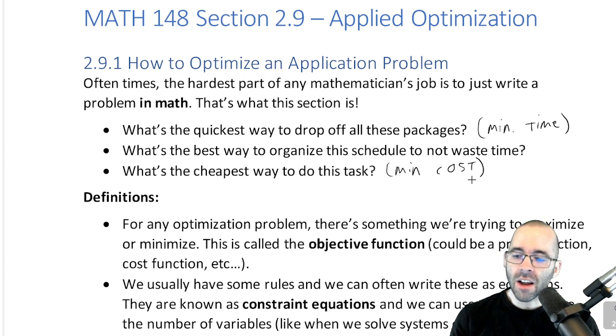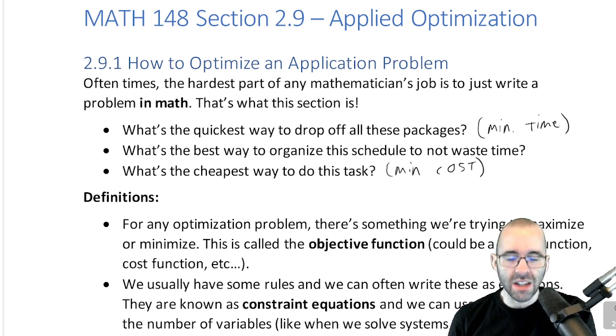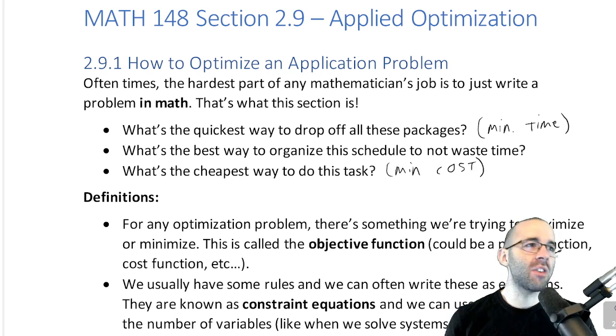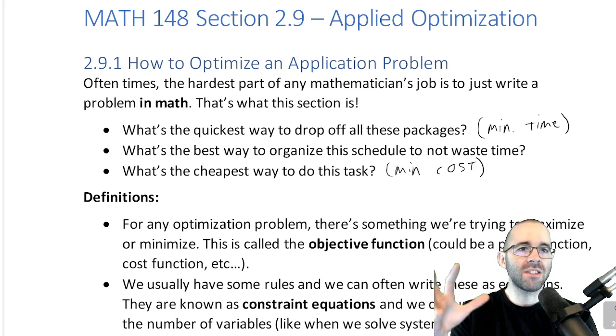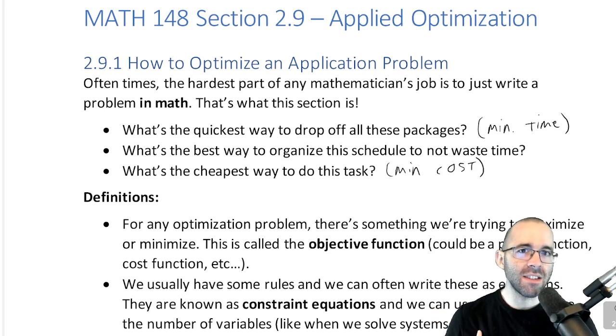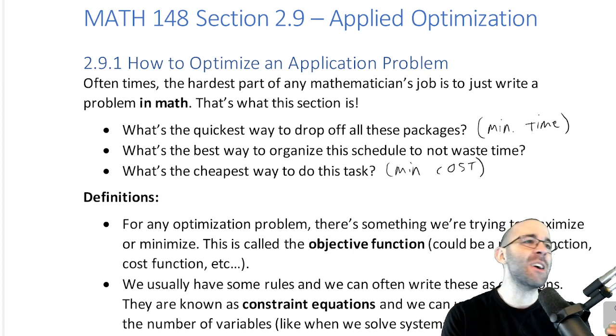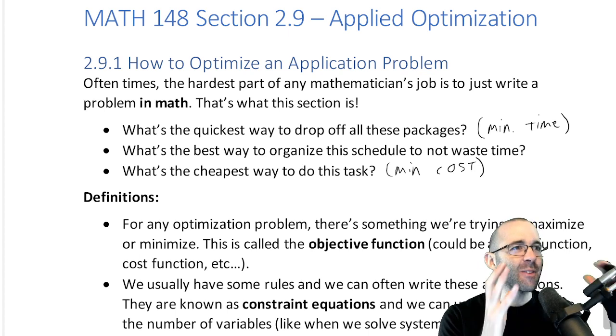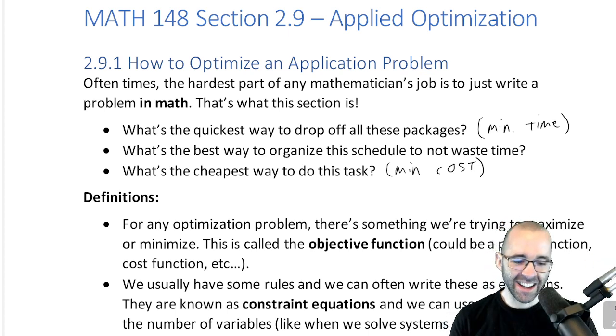This class is just simple functions, but eventually, if you want to really answer these questions effectively, you have so many variables, so many equations, and inequalities, and eventually there's something called stochastic optimization, which is what I did in grad school, where things are random. So you don't even know what the cost is going to be. It's a random variable. And then you have to deal with expected value and distributions and stuff like that. But we're just at the tip of the iceberg here.